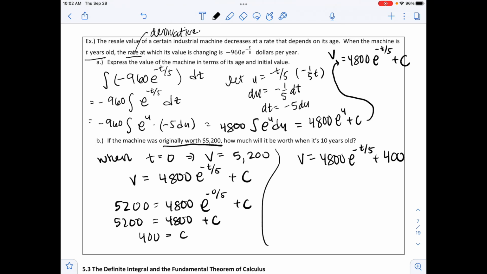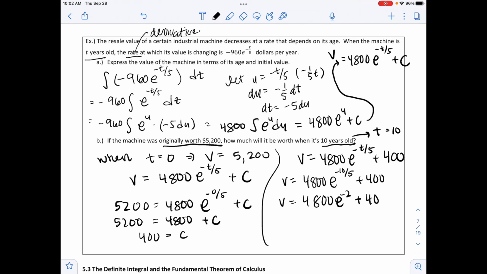And so from here it says how much is it going to be worth when it's 10 years old. So when it's 10 years old, since we're dealing with years here, t would be equal to 10. So substituting in t is 10, we get 4,800 e to the negative 10 over 5 plus 400. So v is equal to 4,800 e to the negative 2 plus 400.